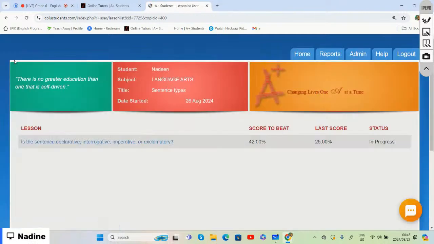So we've just learned that there are four kinds of sentences. We have a declarative sentence, interrogative sentence, imperative, and exclamatory sentence. A declarative sentence is a statement where you're just telling someone something, and it ends with a period.